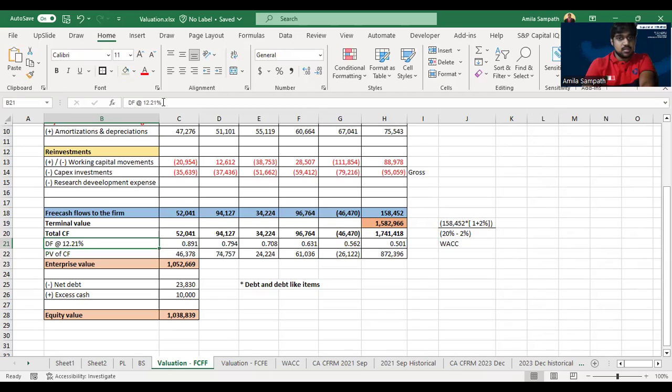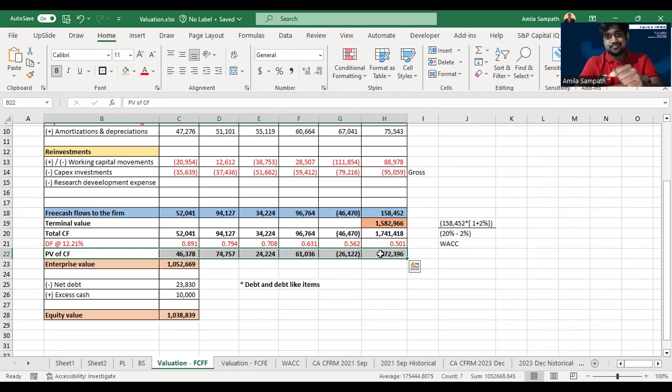We calculated the discounting factor at 12.21 like this, then multiply our cash flows by this discounting factor, and finally we get the present value of all of these cash flows, from 2025 to 2023, based on the WACC of 12.21.